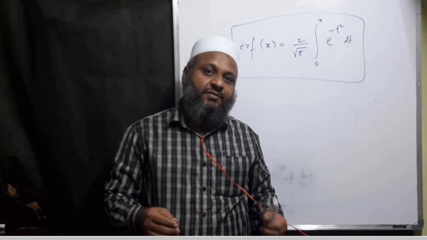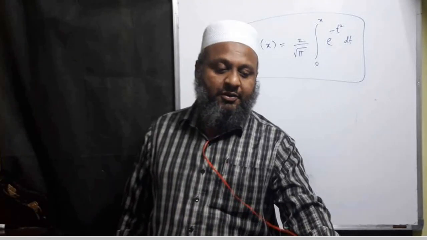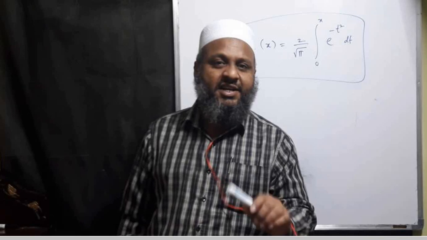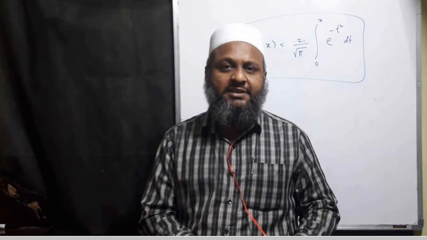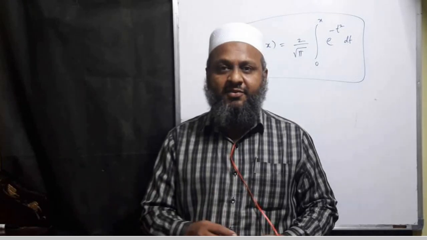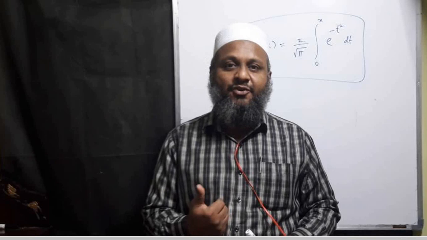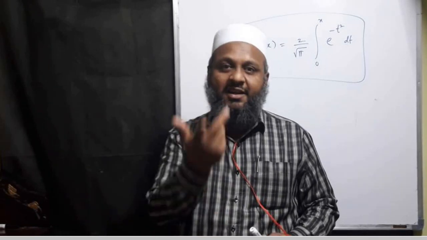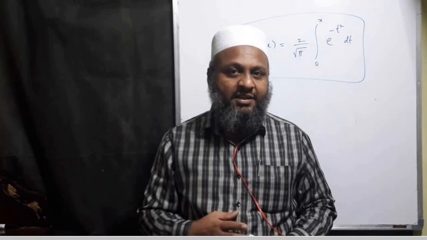One point is that some recruiters check the subject too, because those persons are most of the time engineers. To check your confidence, they will ask, do you know anything about the error function?